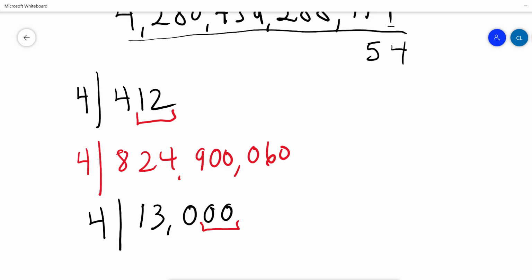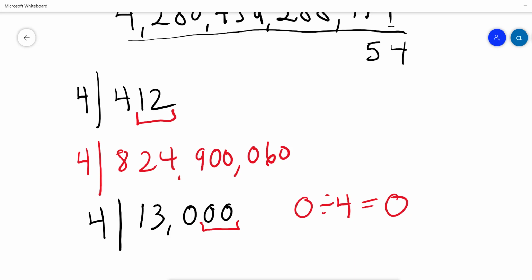So 0 divided by 4 is 0. So 4 evenly divides 0, 0. Therefore, it divides 13,000. Remember, when we check for 4, we are always checking 2 digits at the end. Not a single digit, but 2.